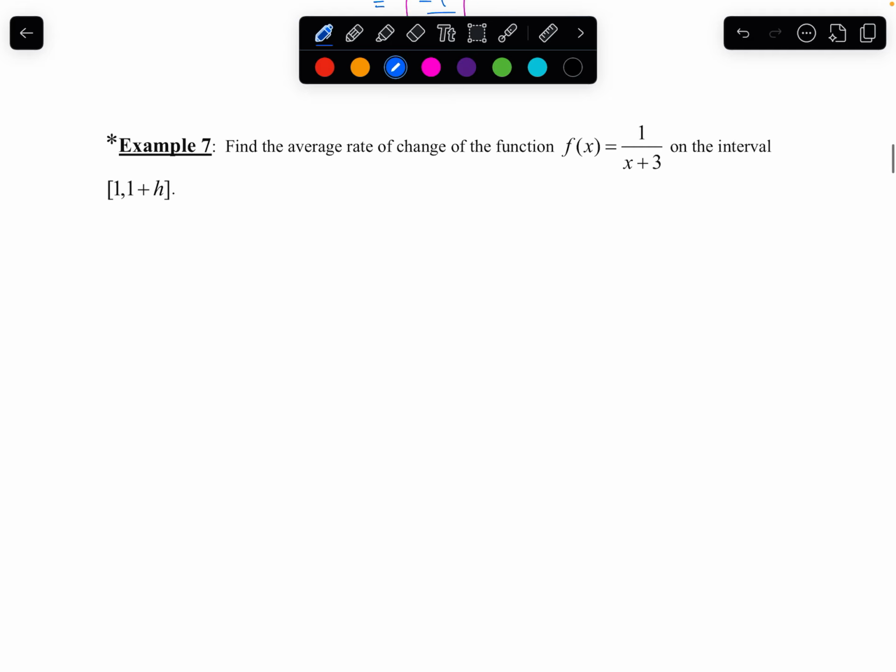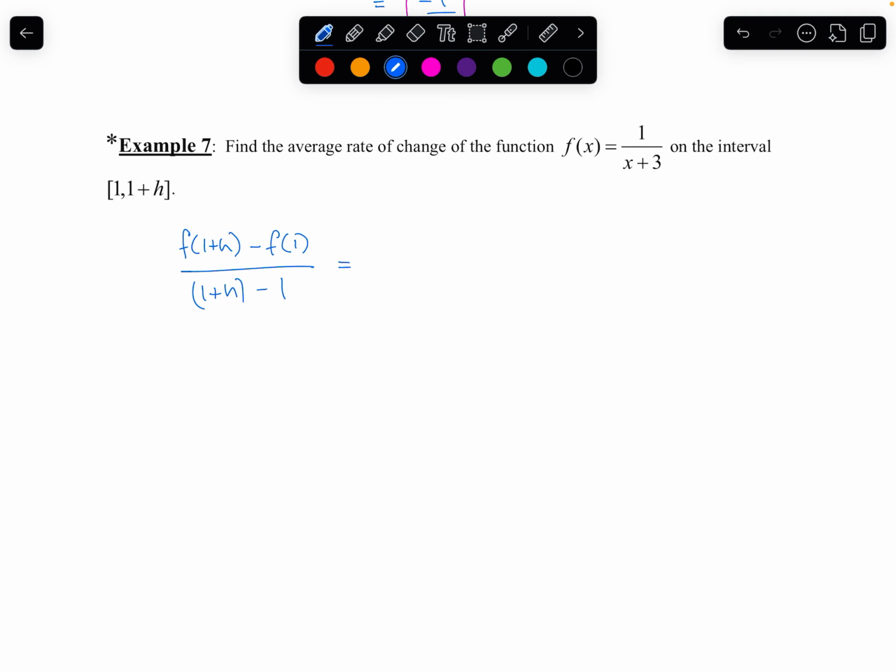So for this one, when we plug it in, I have f of 1 plus h minus f of 1 all over 1 plus h minus 1. So notice I parenthesize the term that has multiple terms in it, so that I understand that this was a single term that I plugged in, right? So that's replacing the x2 part.